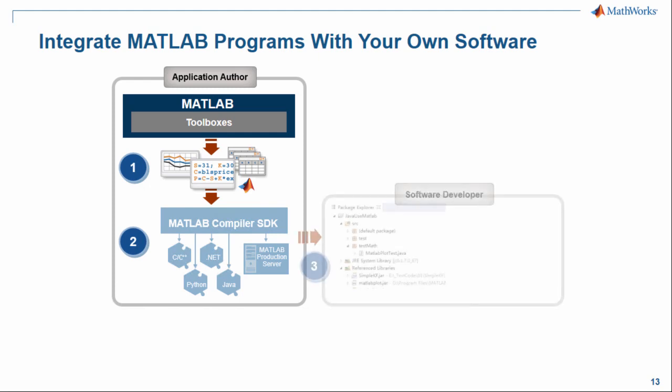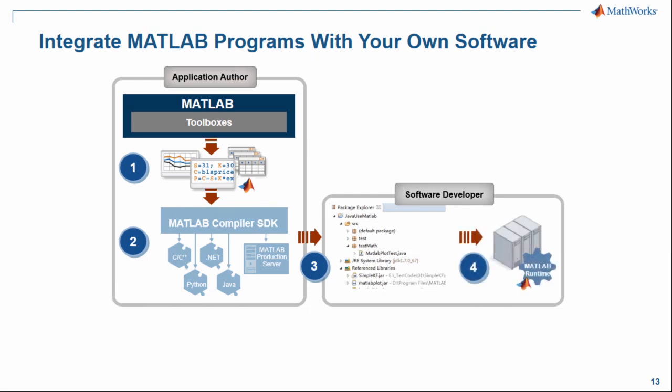We could package that with the MATLAB compiler SDK and provide that to our software developer, who then incorporates that into their application. Their final application, along with the component, would then be deployed onto the system that has the MATLAB runtime on it, and then it's available for use from the various clients who are accessing that application.